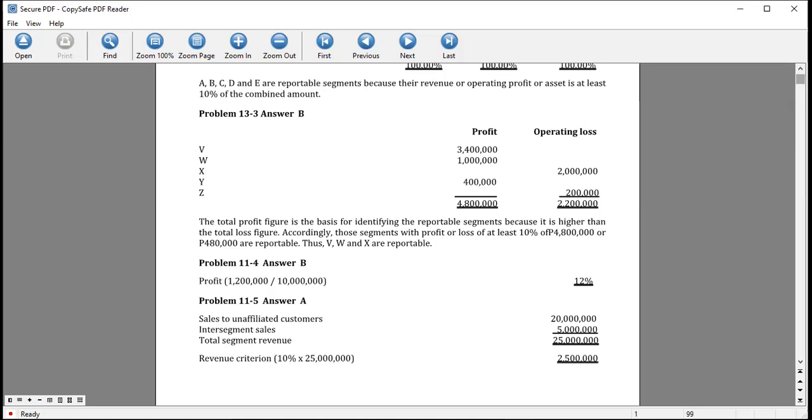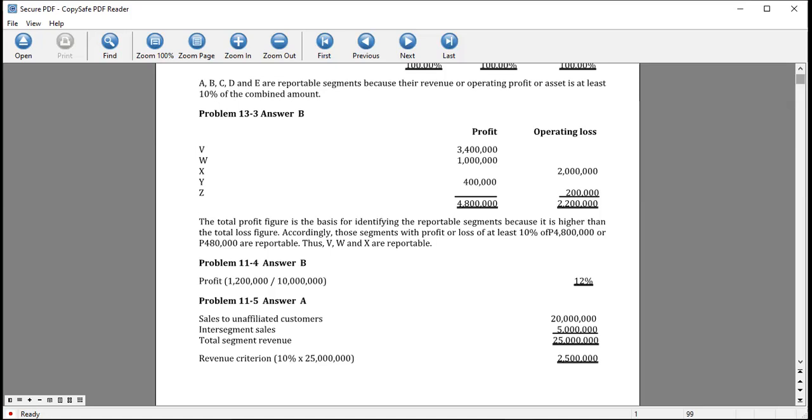So we have now the amounts of revenues and profits, segment information for the current year: revenue, profit, assets, and we have the number of employees. The entity's results for all these segments in total are revenue, profit, assets, and number of employees. This now is for the entity.